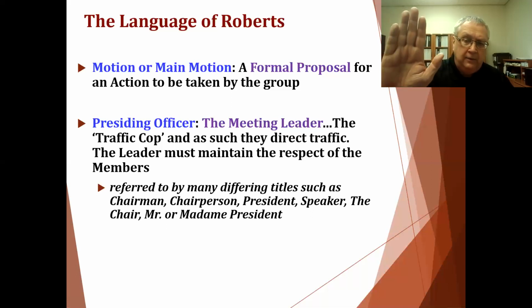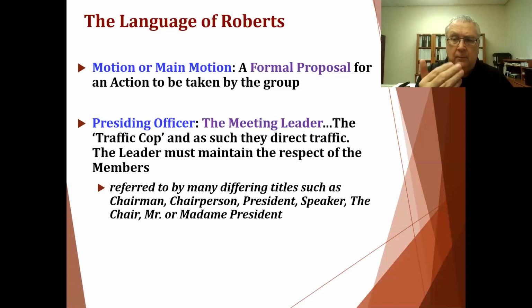They put up their hand for stop, and they'll motion when cars can go. They don't ask for advice. They make a series of decisions. Stop. Go ahead. And really, there is no difference between a traffic cop and a presiding officer.